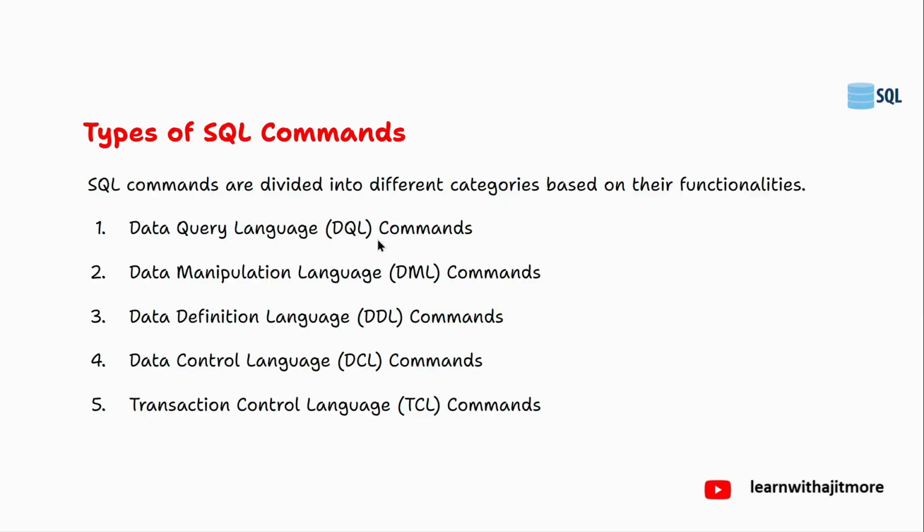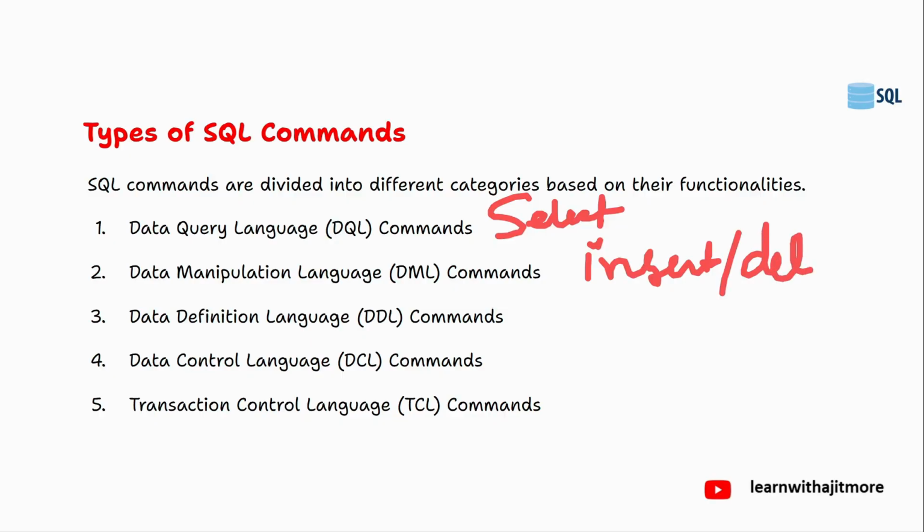Data query is for retrieval. DML is for doing manipulation. In DQL, what will come? The select command, the select query, comes in this. In manipulation, what will come? Insert, update and delete.